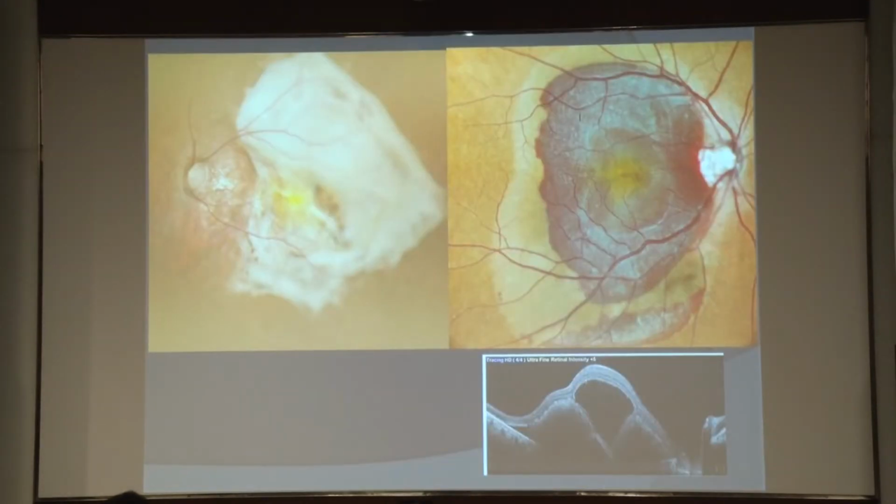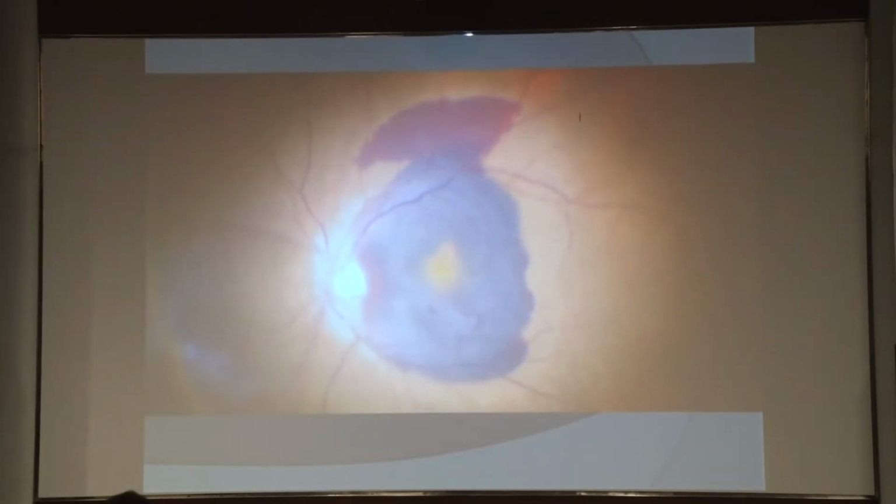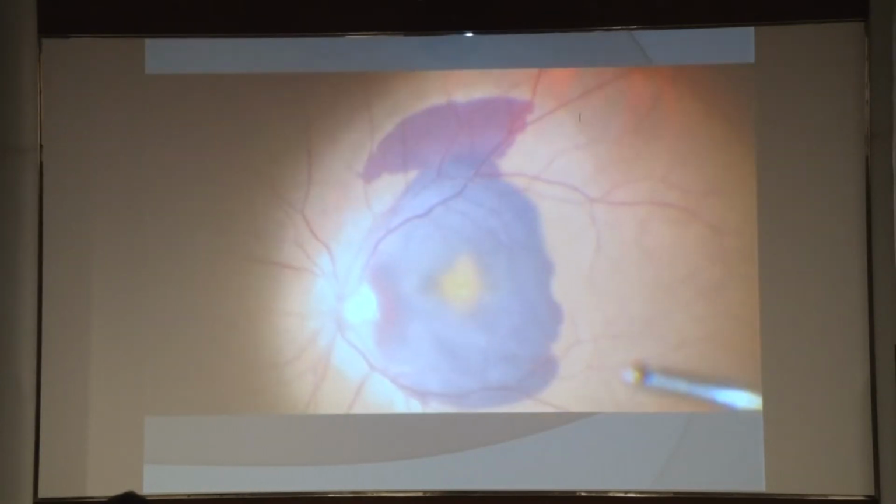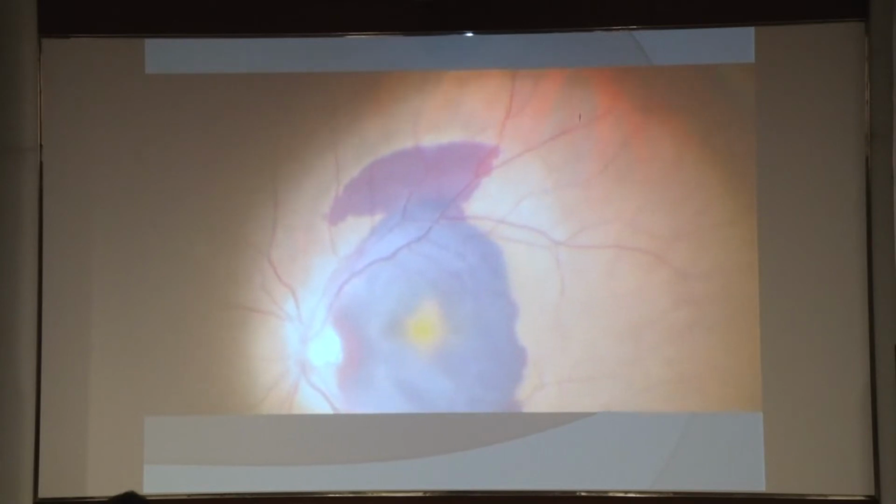This is a case I just did 1.5 months back, and the other eye of the patient already had a disciform scar with a similar hemorrhage, and the right side is what the patient presented with, with 2 days of history. And we posted for surgery with exactly the same kind of procedure.